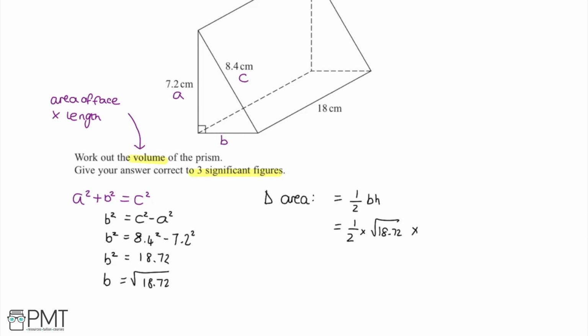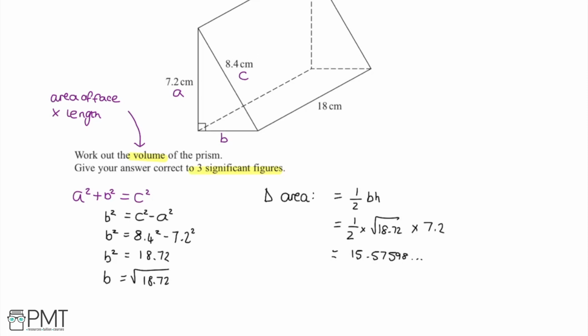And then the height of the triangle is side A, which is 7.2 centimetres. And for the area of the triangle, that gives us an answer of 15.57598, and there are more decimal places, but we've got a good few decimal places here to work with to know that we can give this accurately to 3 significant figures when we're working with the final answer.